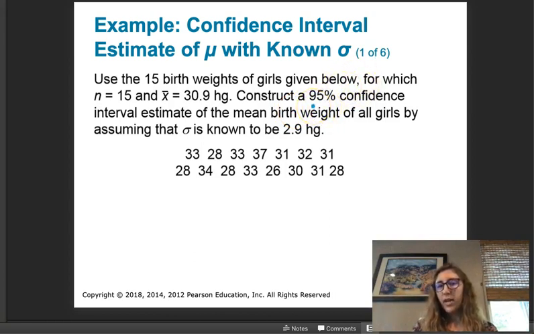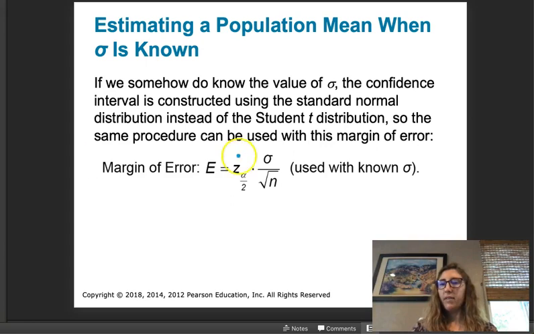We know it's 1.96. We've done it so many times. Then we would multiply by our population standard deviation, divide by the square root of the sample size, and we would get our margin of error. So we're essentially just plugging everything right into our margin of error formula here.